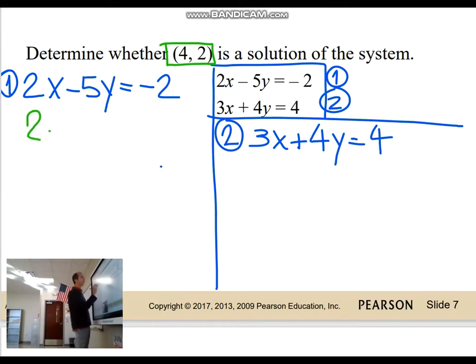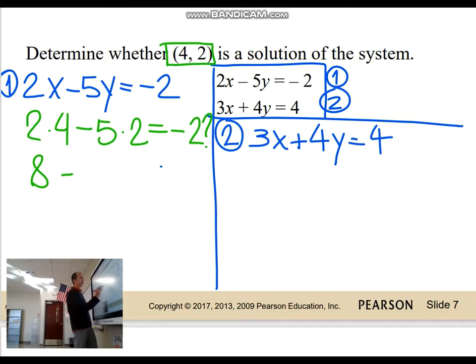So 2 times x equals 4, 4, minus 5 times what? Y equals 2, equals negative 2. I still don't know. 2 times 4, 8, and 5 times 2, 10, equals negative 2. 8 minus 10, negative 2, equals negative 2.